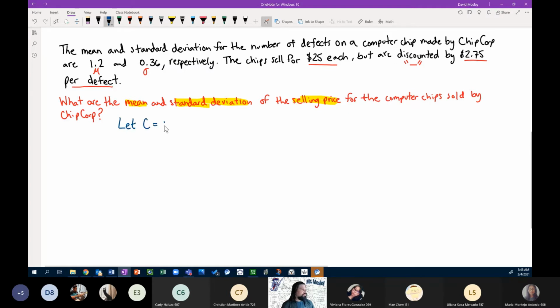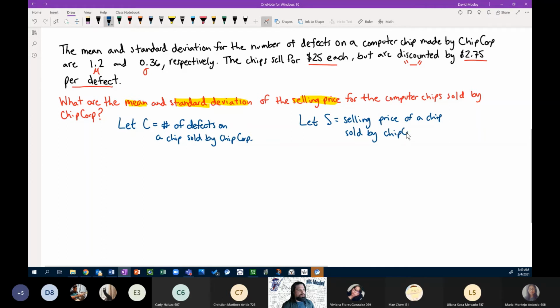we're going to let C equal the number of defects on a chip sold by Chipcore, and we're going to define the random variable S to be the selling price of a chip sold by Chipcore.